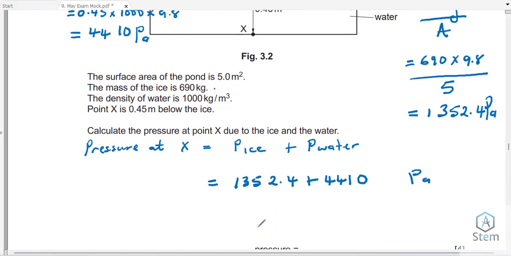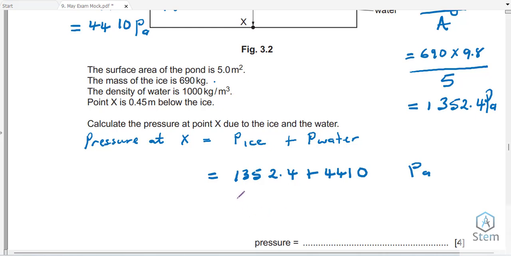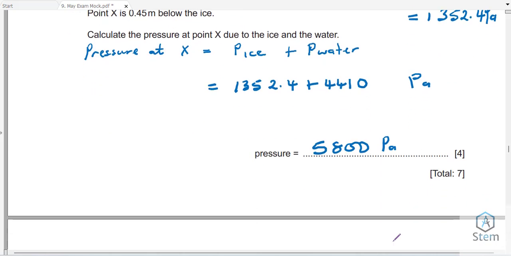And that gives us, okay, we'll round it off to 5,800 pascals. Okay, so that is the pressure at point X.